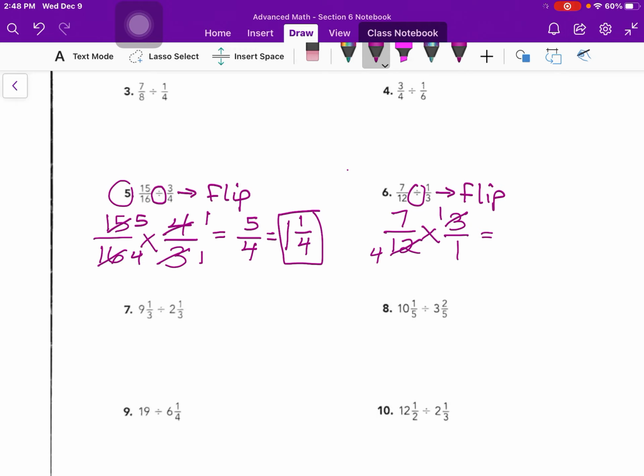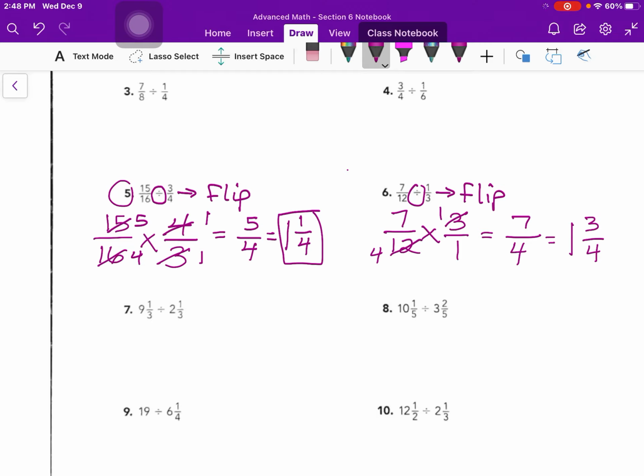That's the only place we can simplify. So we multiply across. 7 times 1 is 7, and 4 times 1 is 4. It's an improper fraction, so we have to change it back to a mixed number. How many times can 4 go into 7? 1 whole time. 3 would be left over, and the denominator stays the same.